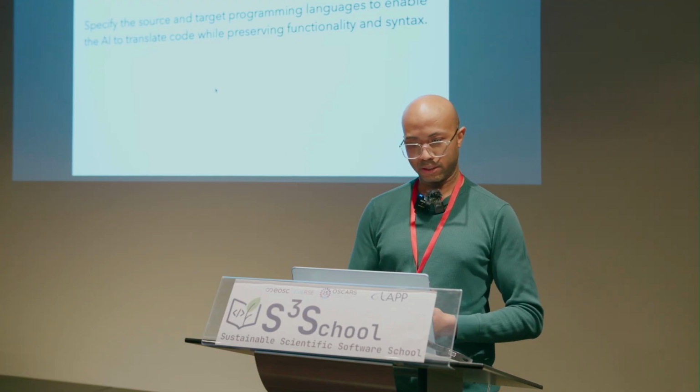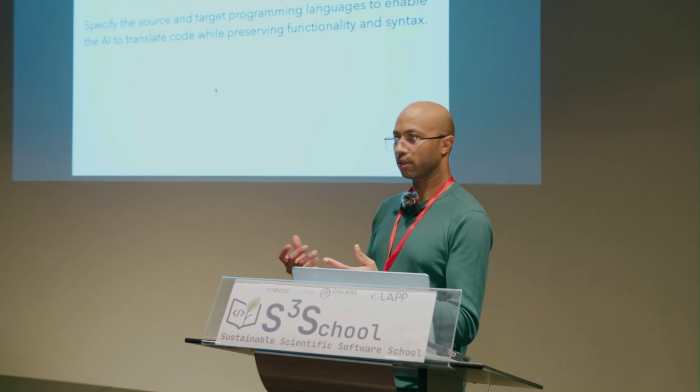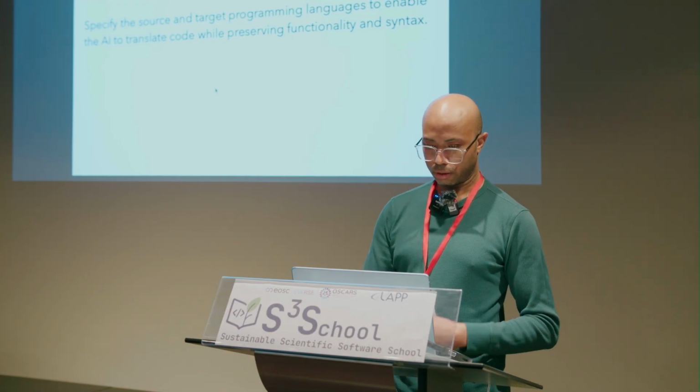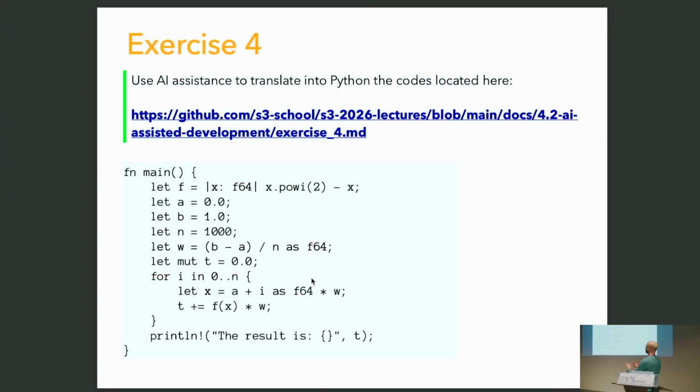And this is part of the Google recommendation, that you can use AI to do that. So the best way to experiment with this is to try to understand this code. This is code in Rust without any comments.